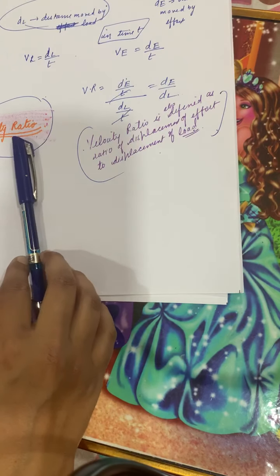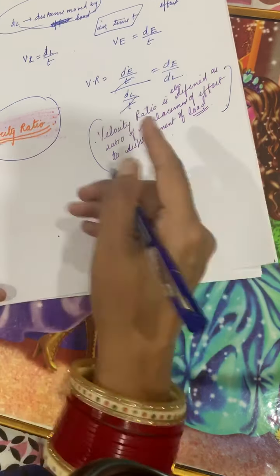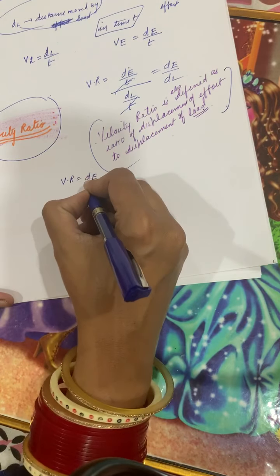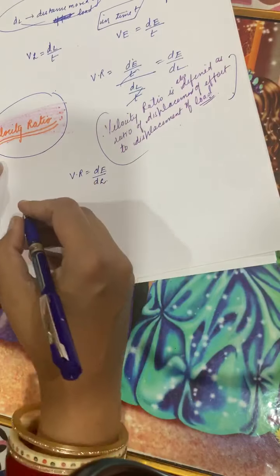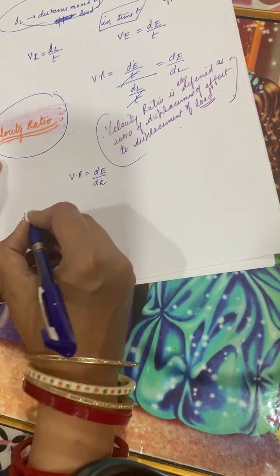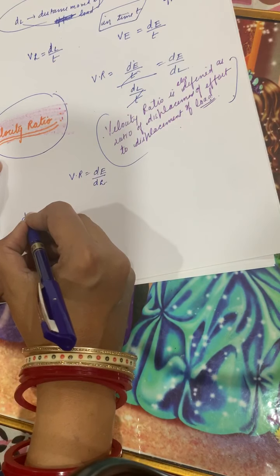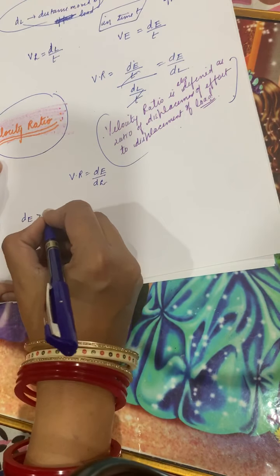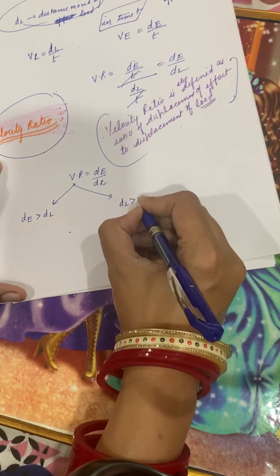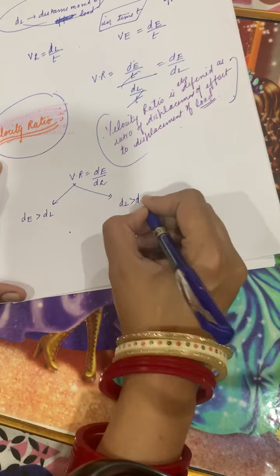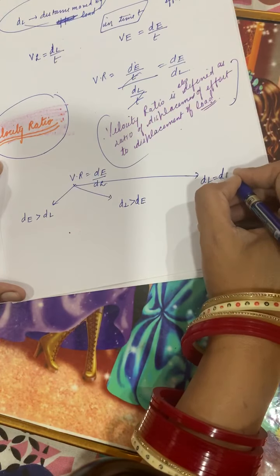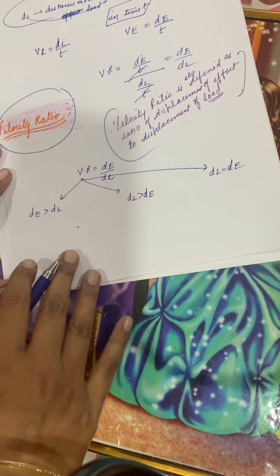Now again 3 cases arise. The first case is a machine in which the displacement of effort is more than the displacement of load, or in the second machine the displacement of load can be more than the displacement of effort, and the third where displacement of load is equal to the displacement of effort.